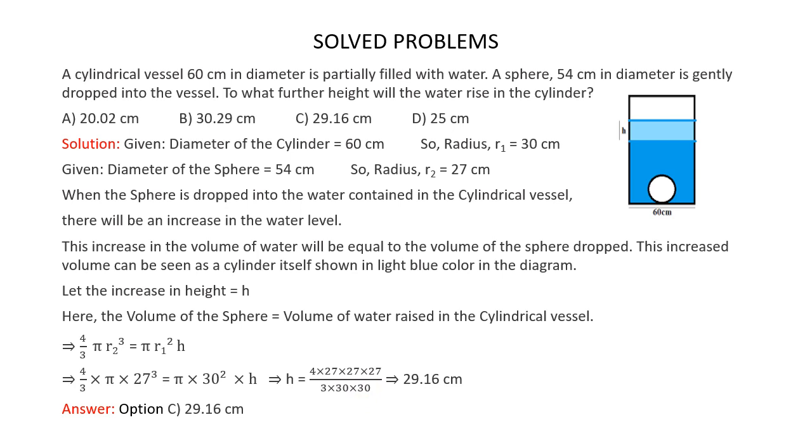On solving this, we get h is equal to 29.16 centimeters, which means the water has risen in the cylinder to a further height of 29.16 centimeters after the sphere has been dropped into the vessel. So the correct answer is option C, 29.16 centimeters.